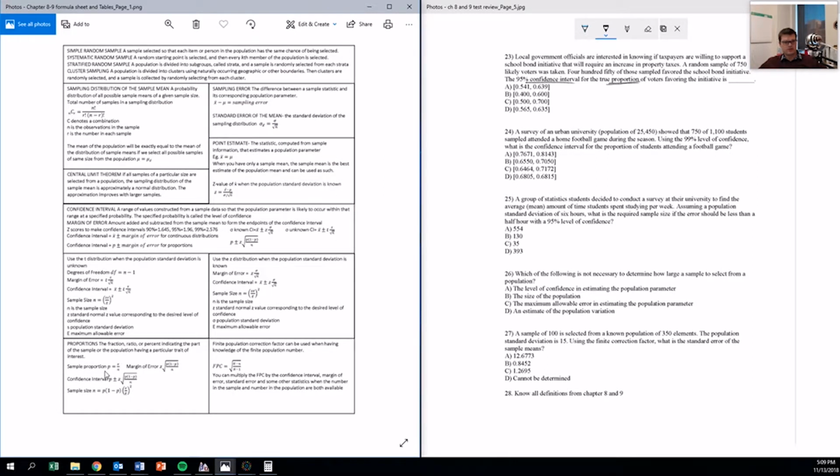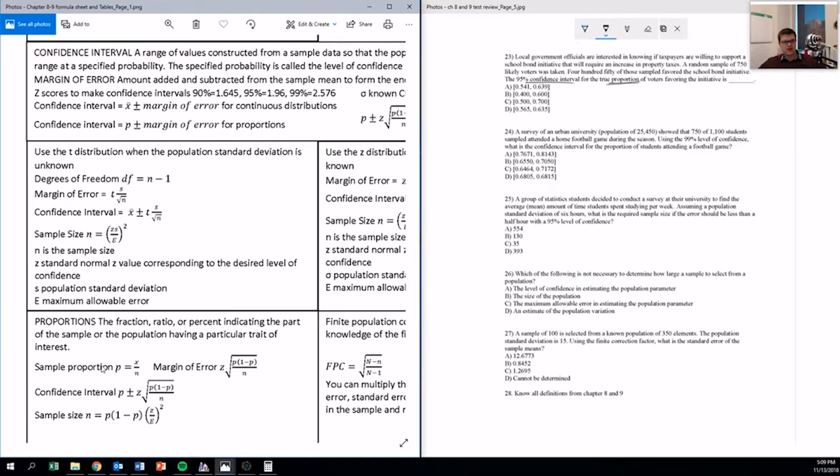So the proportion is 450 divided by 750. We'll take the calculator out. 450 divided by 750 equals 0.6. So 0.6 is the proportion.